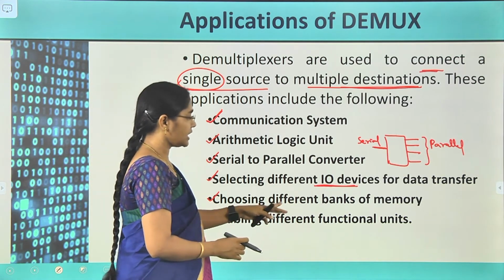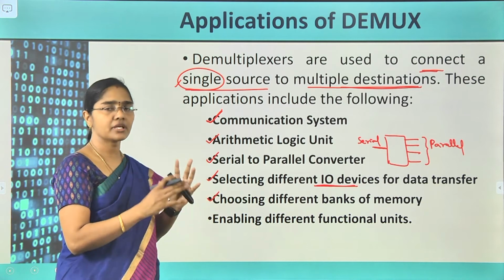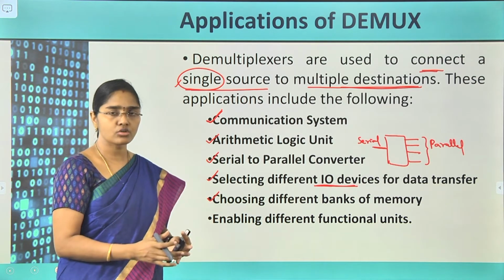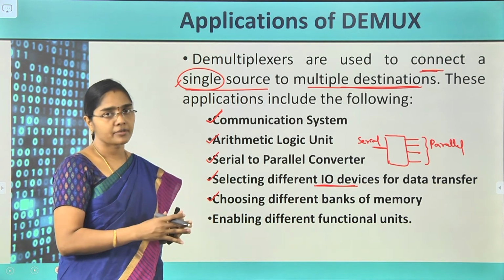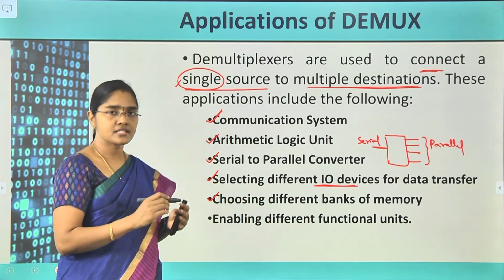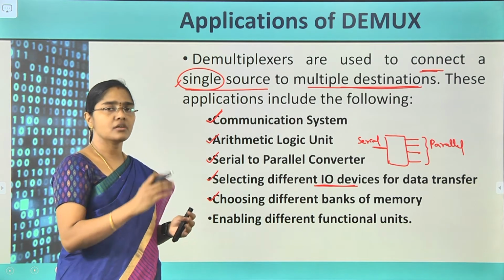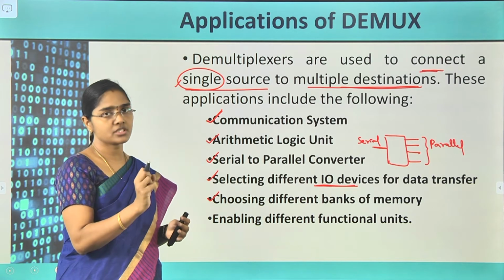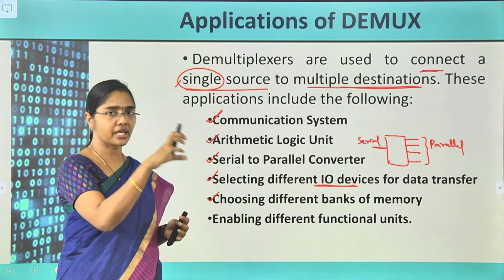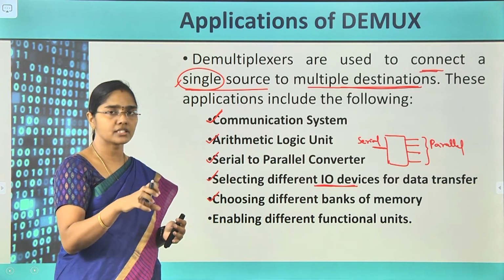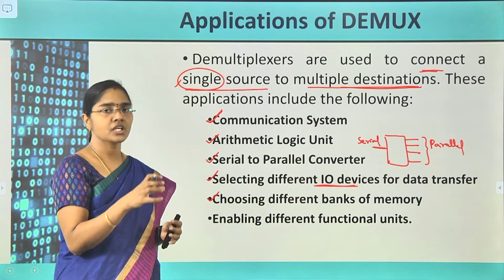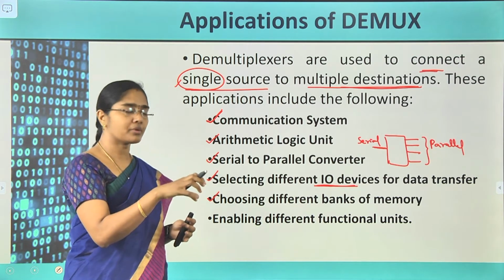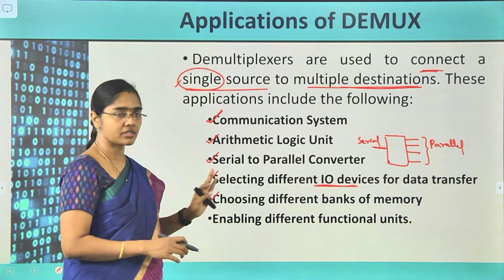Like that, in our microprocessors and microcontrollers, there is some memory. That memory is divided into some banks. A bank is nothing but a group of registers. Some parts of the memory are bank 0, bank 1, bank 2, bank 3. To select those parts of memory, this demultiplexer will be used.